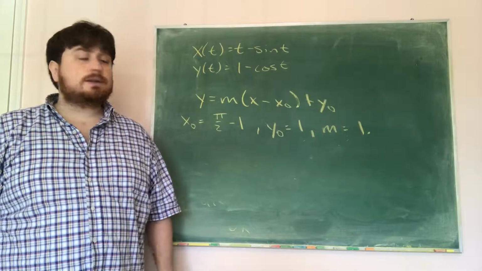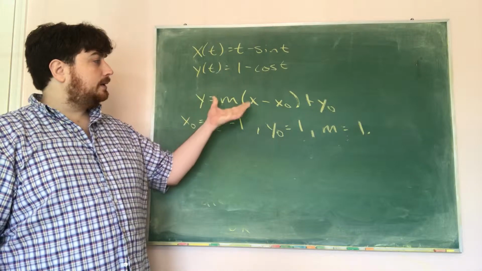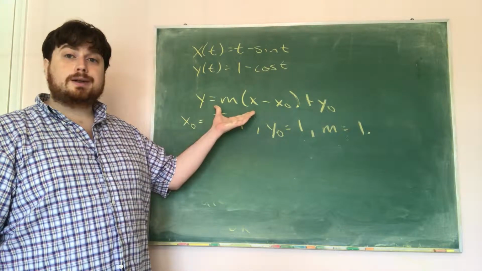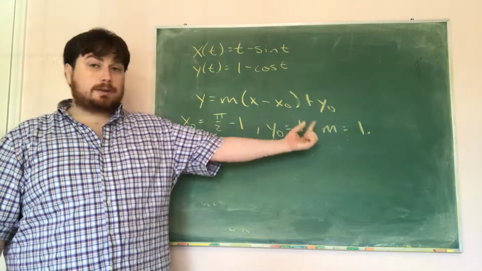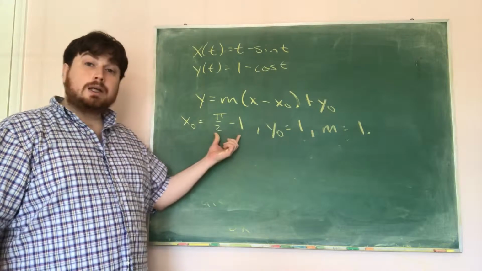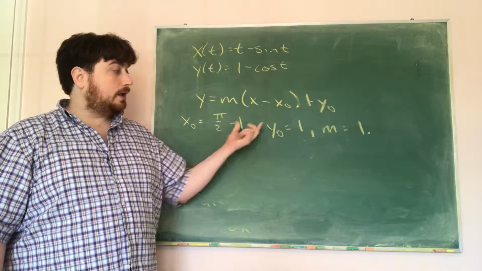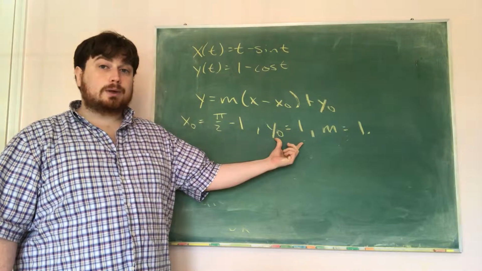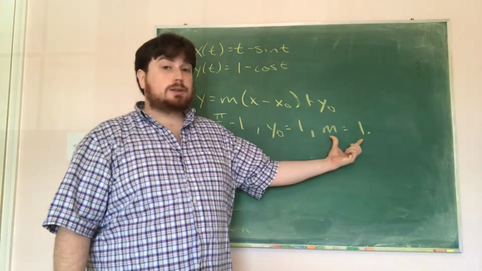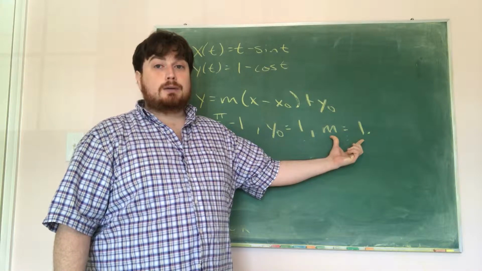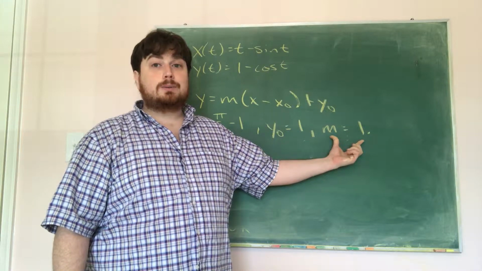Alright, so now reminding ourselves of what we had: the equation of the tangent line will be the equation of the line, so we needed to find m, x naught, and y naught. We found x naught was x of pi over 2, which is pi over 2 minus 1. Y naught was y of pi over 2, which was 1. And our slope was dy/dx at pi over 2, which we also got was 1.